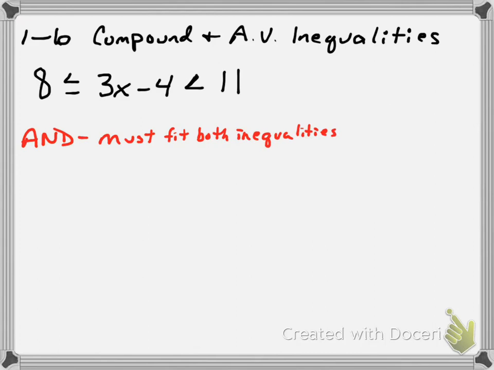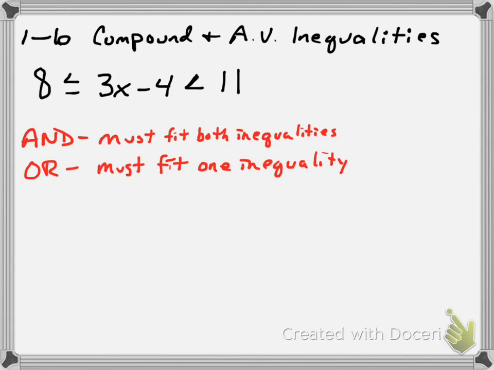If you put in a number for x and 3x minus 4 is less than 11, that's great. But when you put that number in for x, it also has to be greater than or equal to 8. That's an example of an AND problem. There are also OR problems, and those are problems where only one of the 2 has to be met.